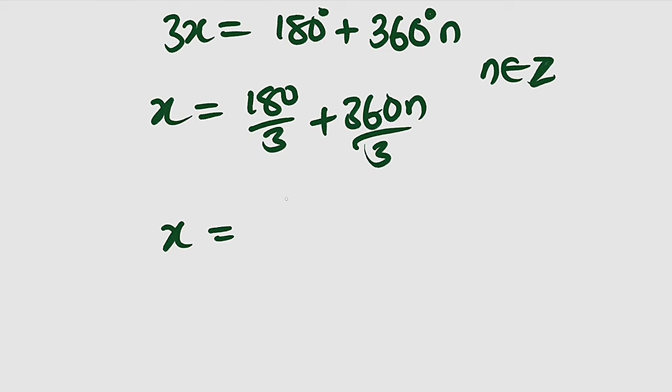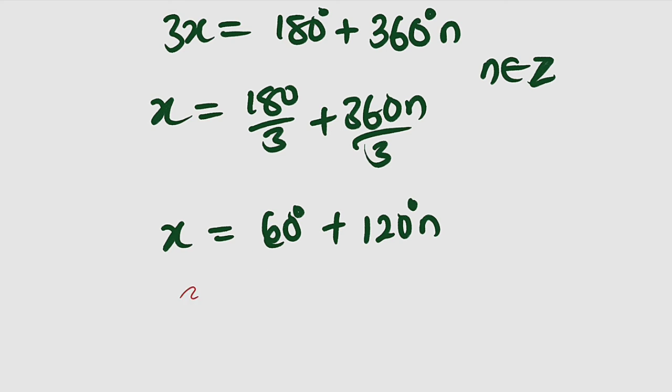X will be equal to 60 degrees plus 120 degrees n. So we are going to substitute the values of n equal to 0, 1, 2, 3, 4, and so on, till we get to a value which is less than or equal to 360, because we don't want to go beyond that.